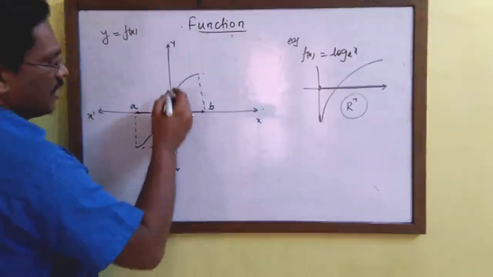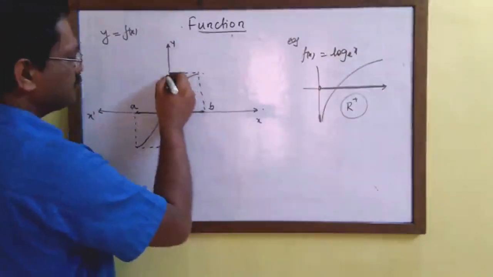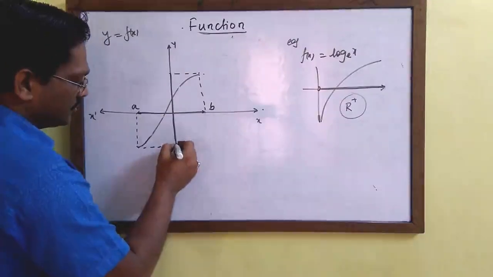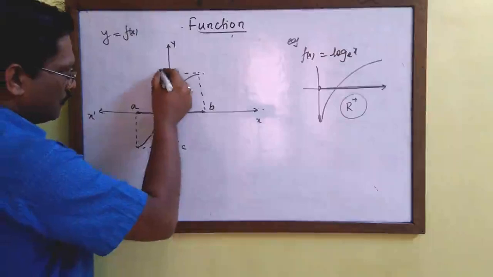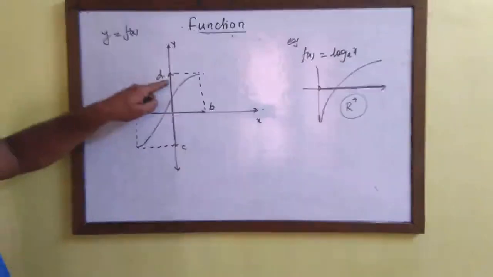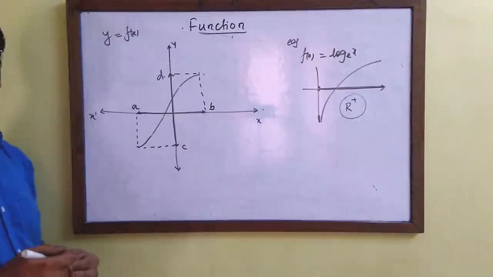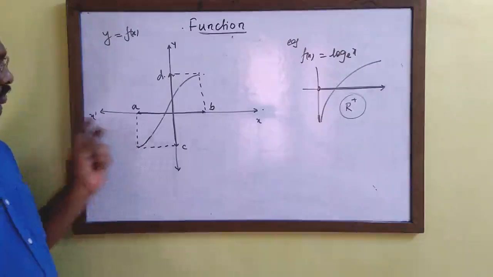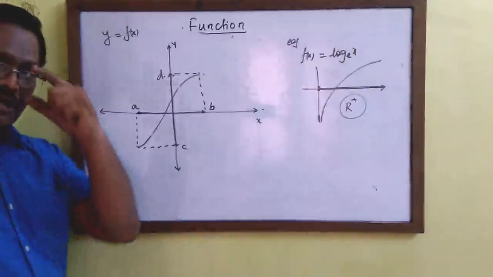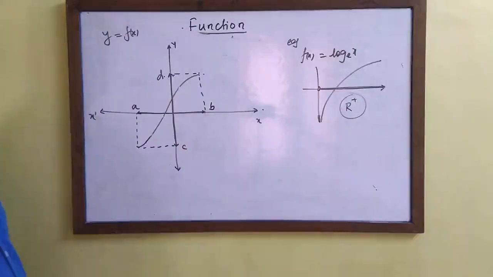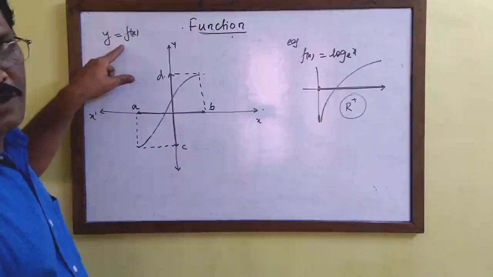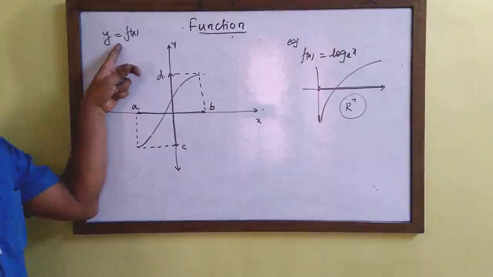If I project this graph over the y-axis, it covers this part. So this part, which represents C to D, will represent the range of the function. So projection of any graph over the y-axis gives the range of the function. Now, I haven't specified any set x and y here.